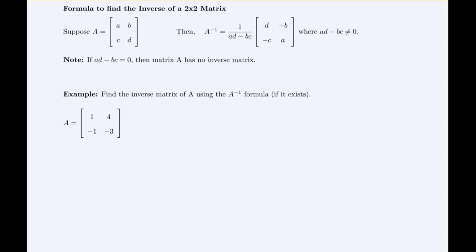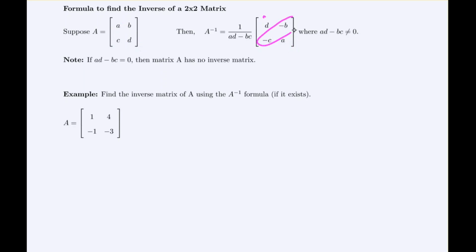Then A inverse would always follow this formula. It's going to be 1 divided by AD minus BC, that's the pattern there, multiplied by the matrix where we've switched a few things. On the main diagonal, we reverse it, so instead of AD, it's now DA.